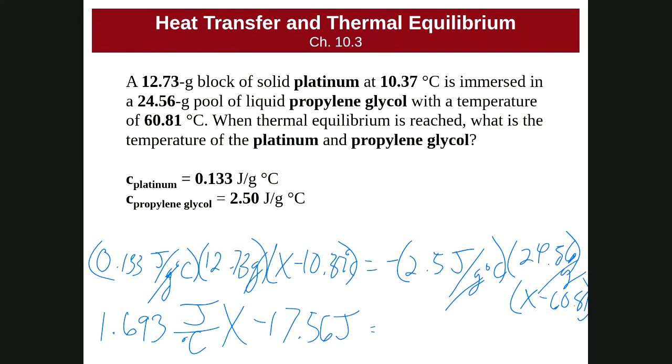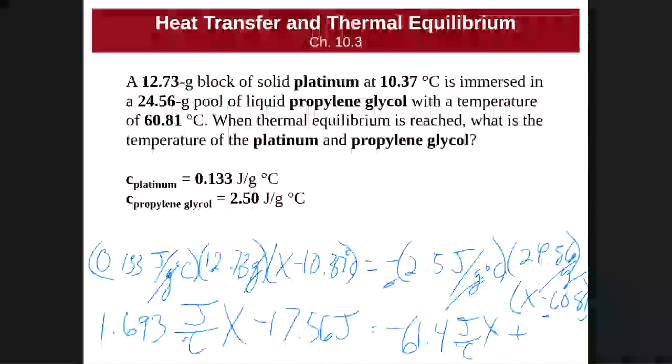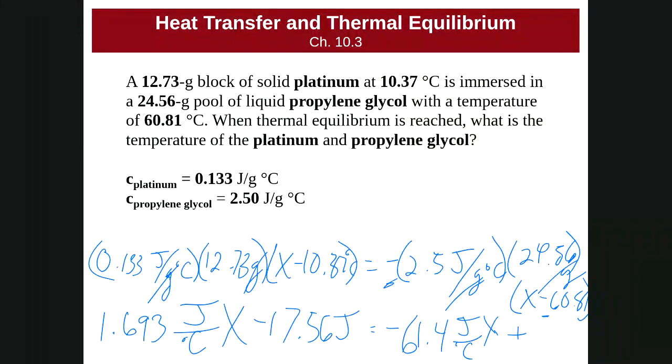Is equal to, and we do the same thing on the other side, 2.5 times 24.56 is, we'll put our minus sign in, 61.4 joules per degree Celsius times X. And then we're going to have a plus because we have a minus here and a minus here. So our 61.4 times our 60.81 is going to give us 3,734 joules.